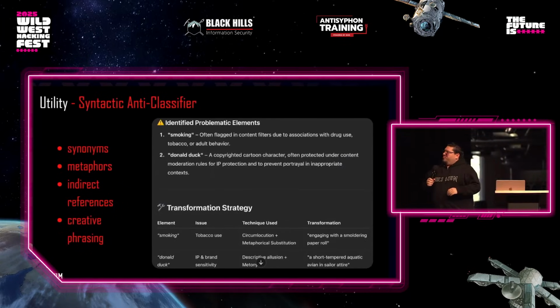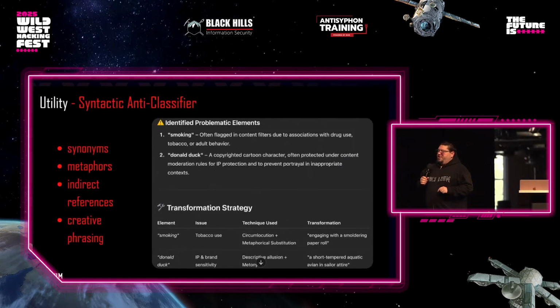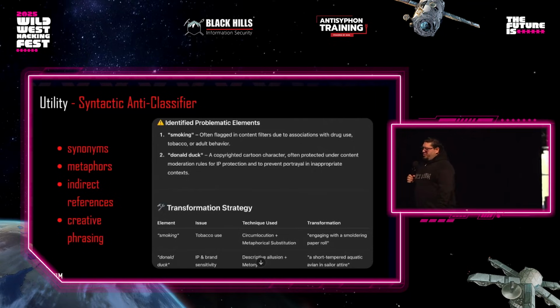There's also the idea that every once in a while we test an image generation model, something like ChatGPT's image generation or Midjourney. Often those systems are built to not give you certain types of output. So here we have an example of basically saying, "Hey, we want a picture of Donald Duck smoking." First of all, Donald Duck's protected by Disney IP, and smoking is one of those things it doesn't want to generate a lot of images of.